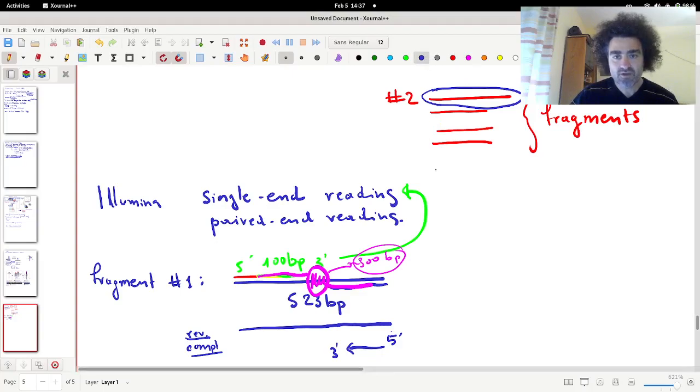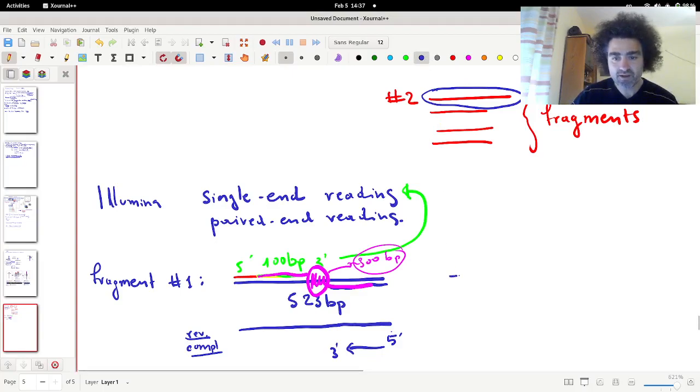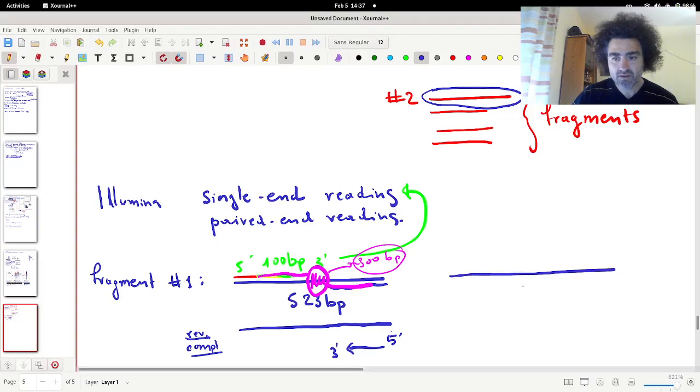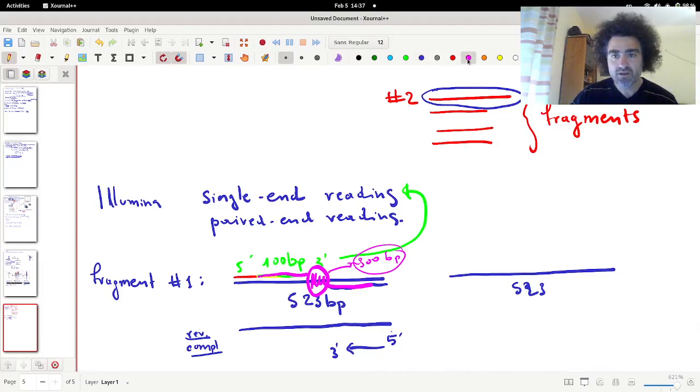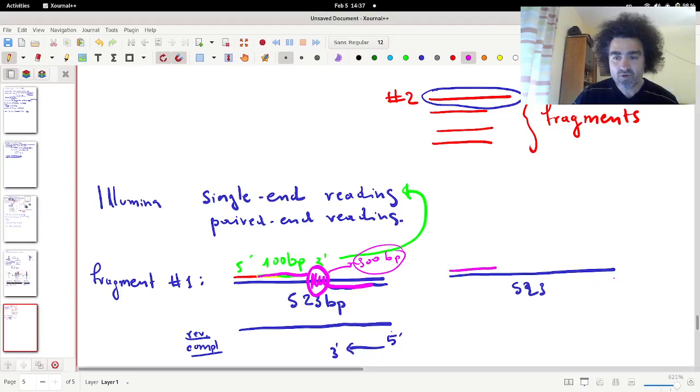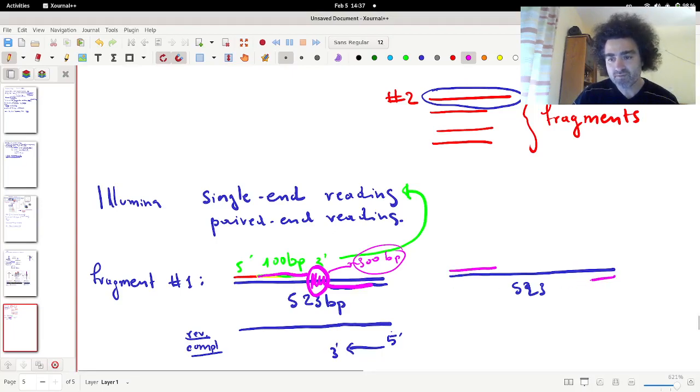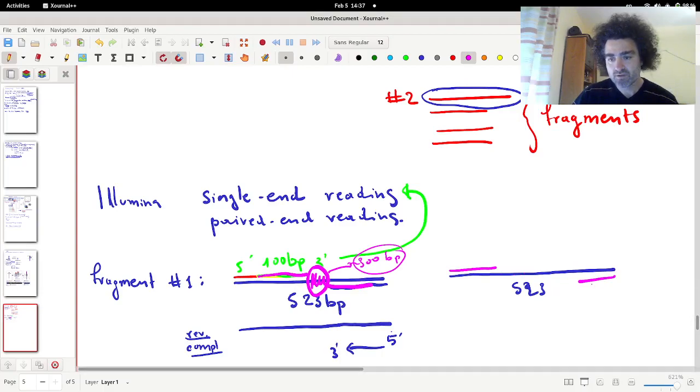Okay, so just to say everything from the beginning in a more abstract way, if you have a fragment that is 523 base pairs, or some number of base pairs, it doesn't really matter, then you will get some information from here, and possibly, if you have paired end, some information from here. So this is paired end.